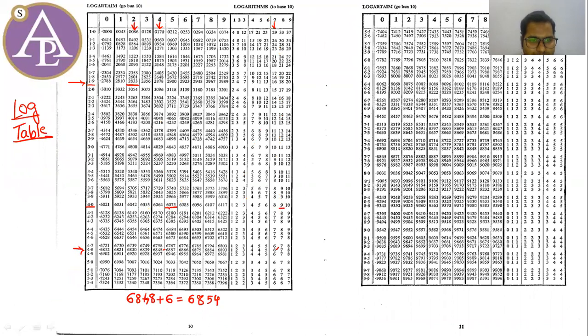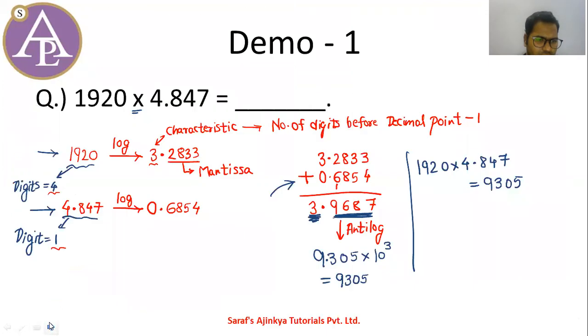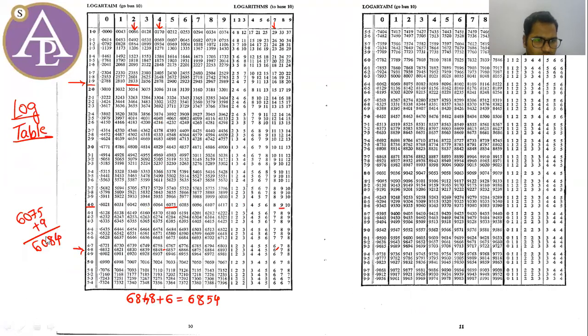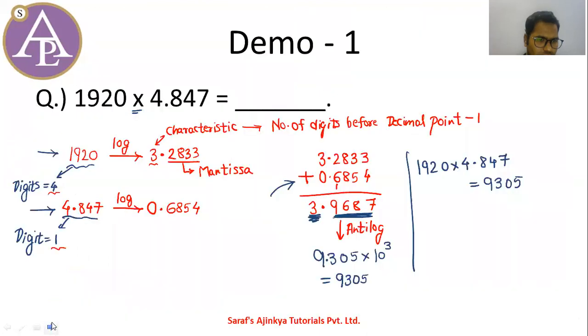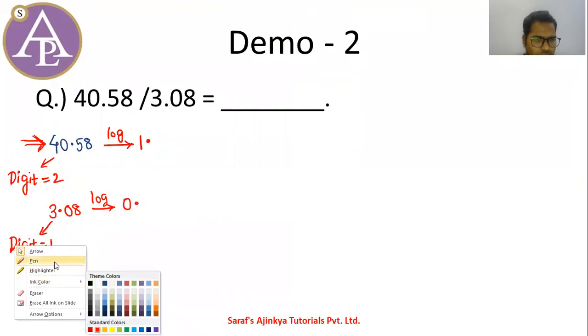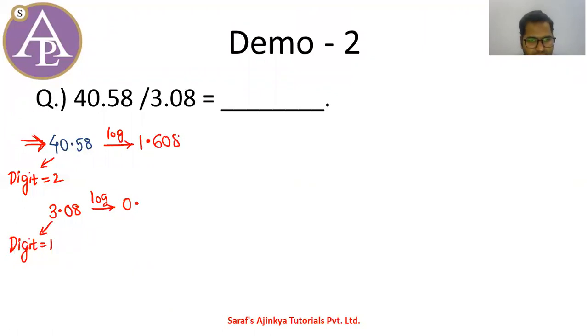So now you have to add 6075 plus 9. It will be 6084. Okay. So the log is 6084.